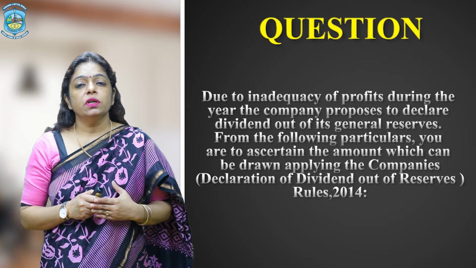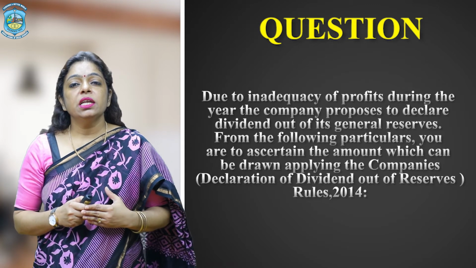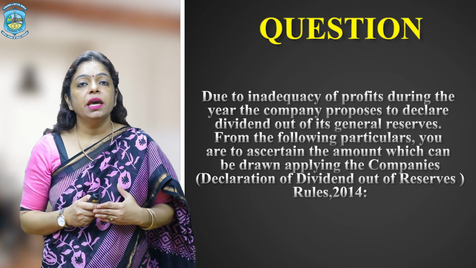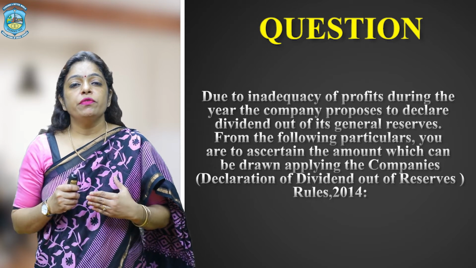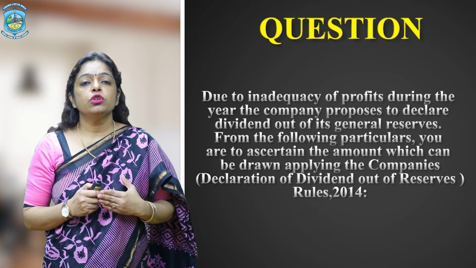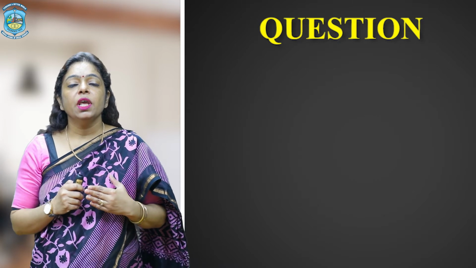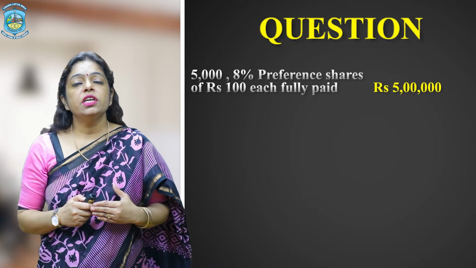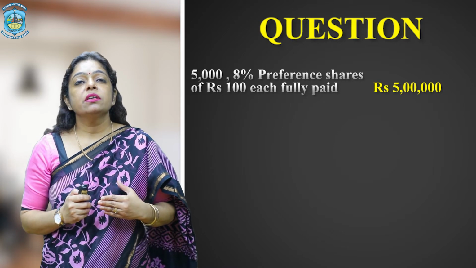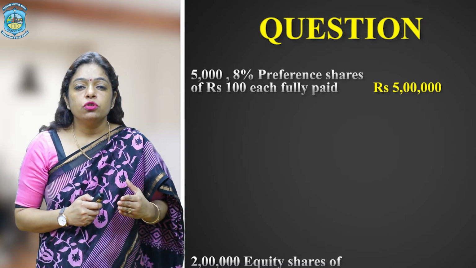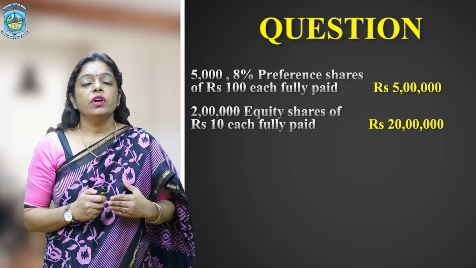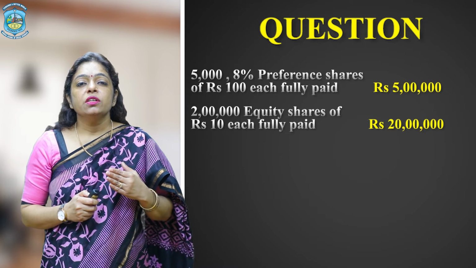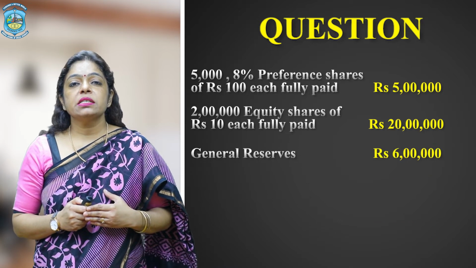From the following particulars, you are to ascertain the amount which can be drawn applying the Companies (Declaration of Dividend out of Reserves) Rules 2014. 5,000 8% preference shares of 100 each fully paid, rupees 5 lakhs. 2 lakhs equity shares of 10 each fully paid, that is 20 lakhs. General reserves rupees 6 lakhs.